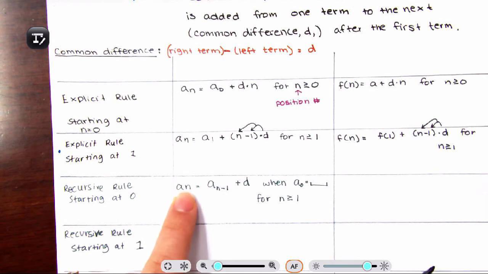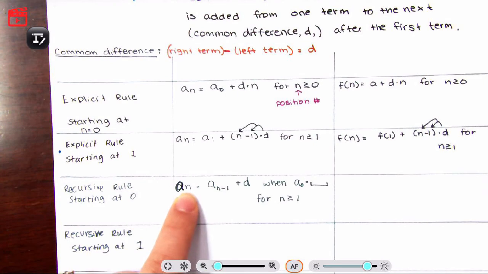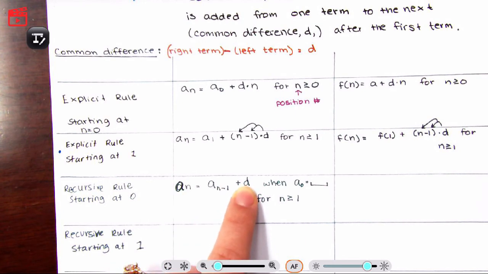You have a term, a sub n. So a sub n is equal to a sub n minus 1. So you have a term. Whatever this term is in, the position number is n. We need the previous term in order to know what our term is.